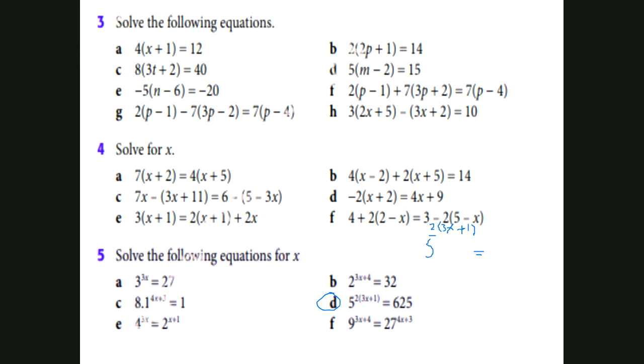There is no debate about whether this is equal or not, but we will prove it. The hint is this: the base here is 5, and the base here is 5. So 625 you will make into factors, but the base should be 5.